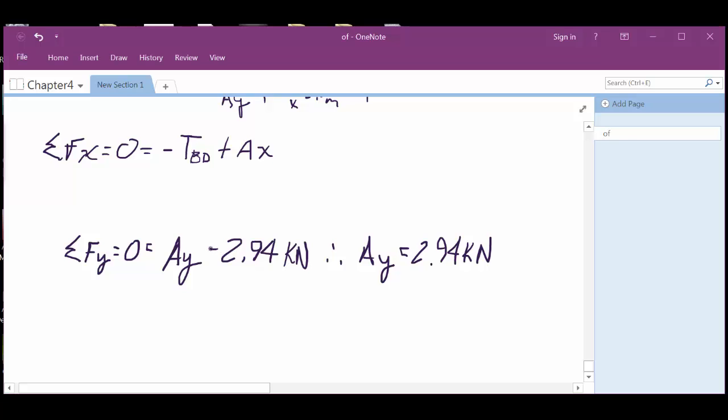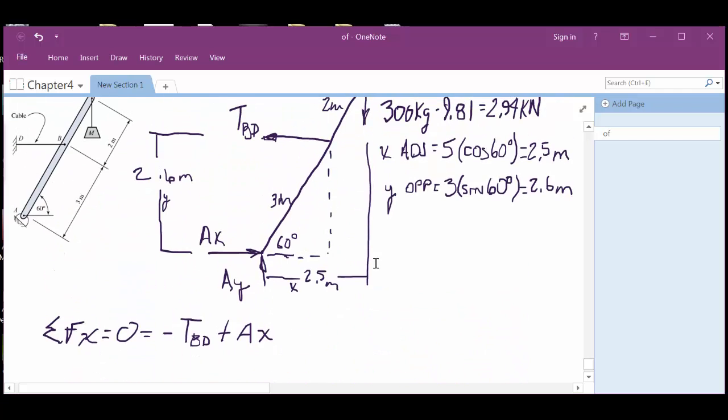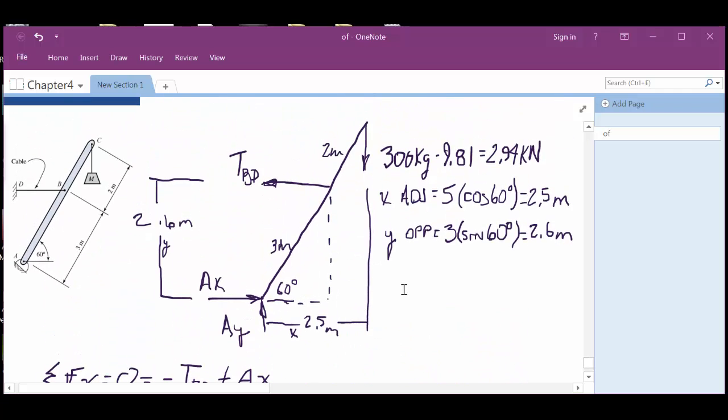This negative, when you switch it to the other side of the equation, becomes positive. So it's 2.94. We said it was going up. It is going up. Okay, so you can see that right there, can't you? You got AY going up, you got 2.94 kilonewtons going down. AY has to equal 2.94. There's nothing else going on there.